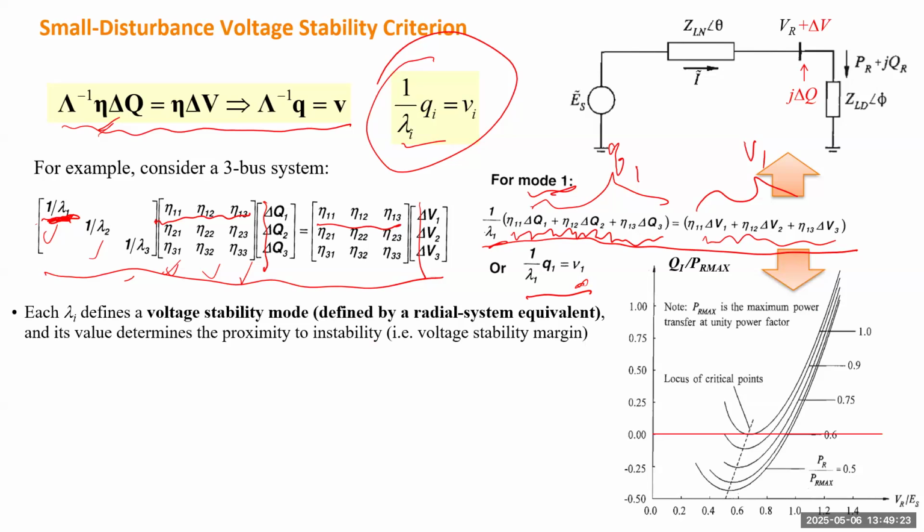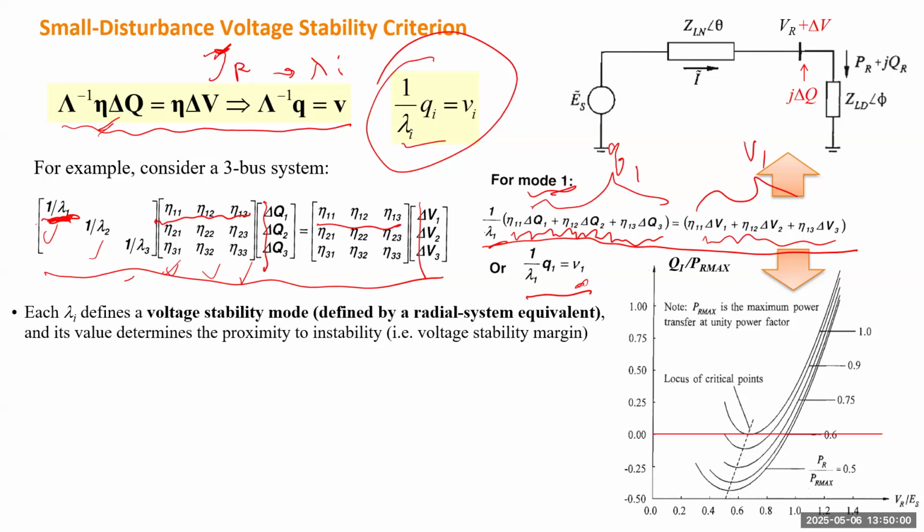All right, so we can summarize the conclusion from the mode analysis. If you linearize the power flow equation and you get JR, then from JR you get all the eigenvalues. Each eigenvalue, lambda i, defines a voltage stability mode, basically characterized by some fictitious radial system equivalent.